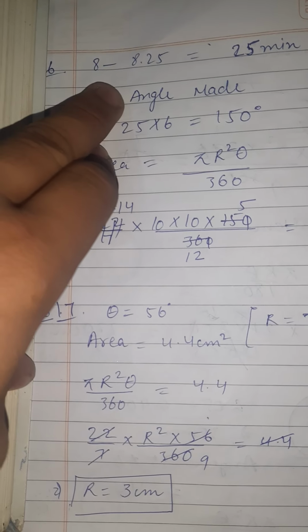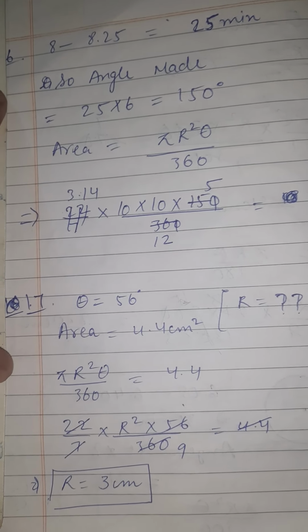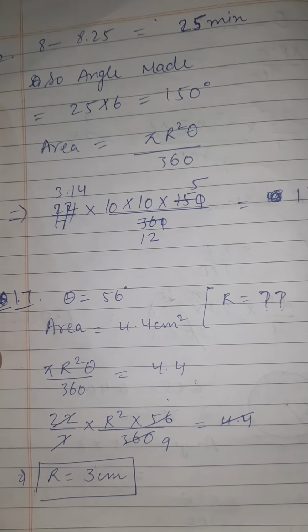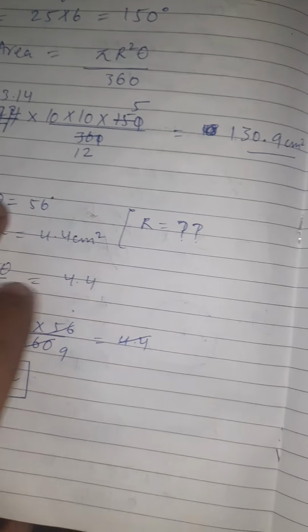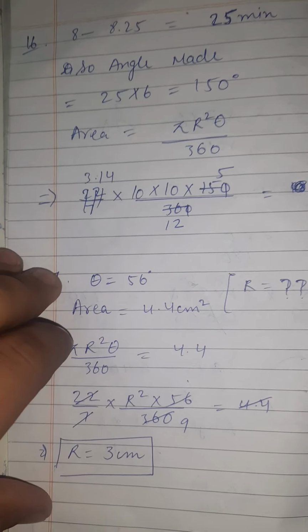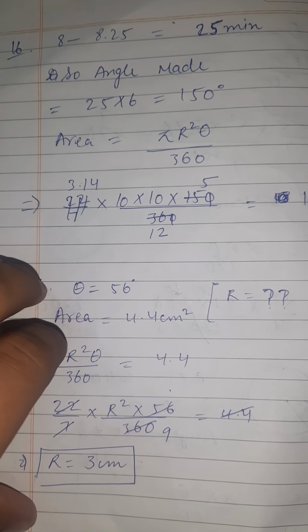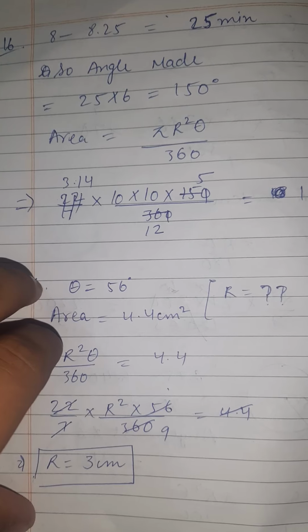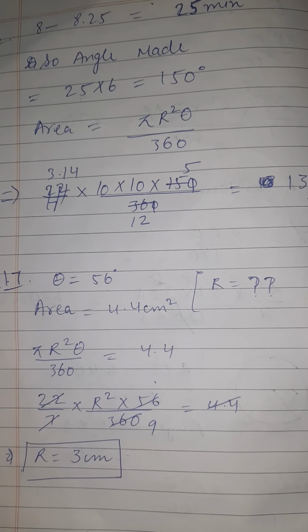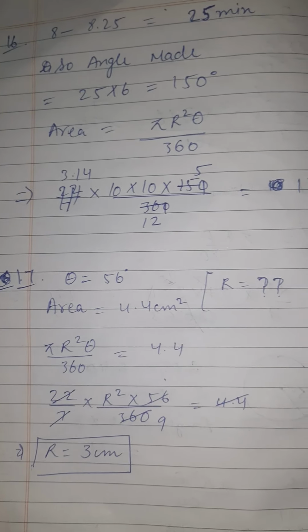So we know that from 8 to 8:25, 25 minutes will be covered, and by a simple unitary method, as we have applied in the last question, in the last video, if you have seen that. So let me just tell you verbally here, a minute hand makes a whole circle in 1 hour.